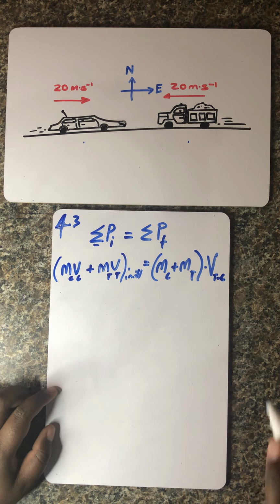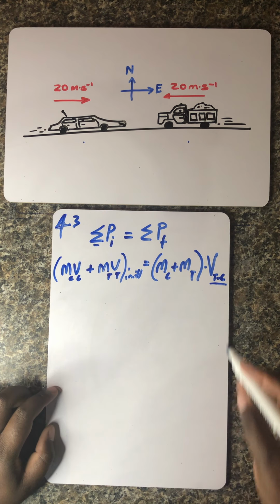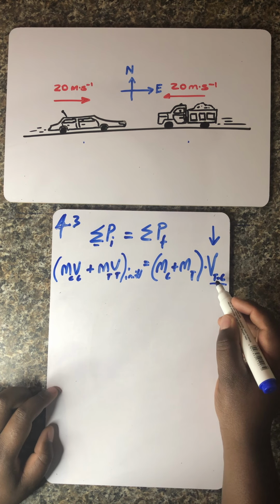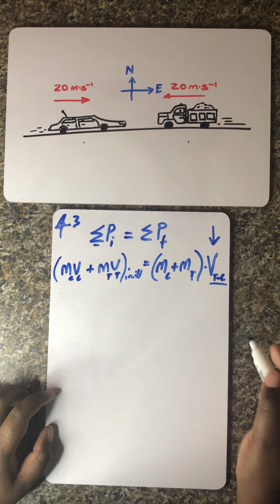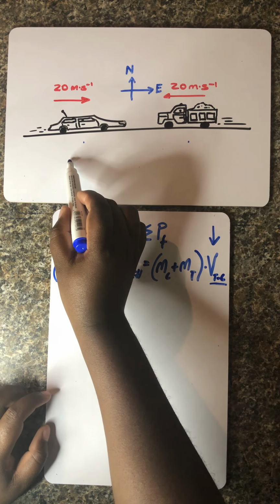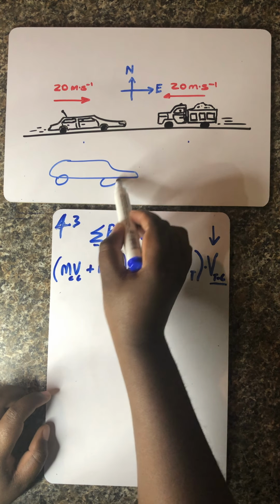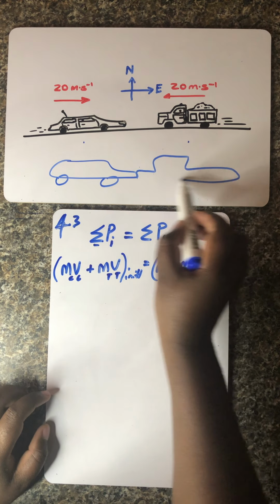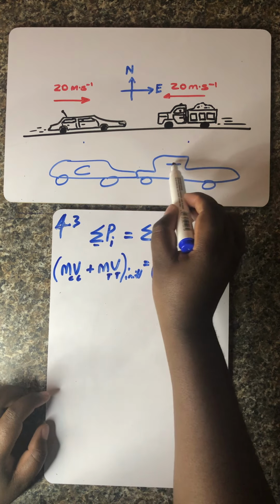Why? Because after collision they stick together. That's why even in the question they said calculate the truck-car system. So now it becomes a system, because the car and the truck is now one thing.